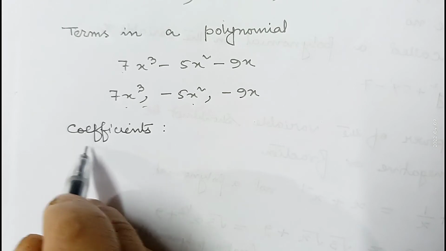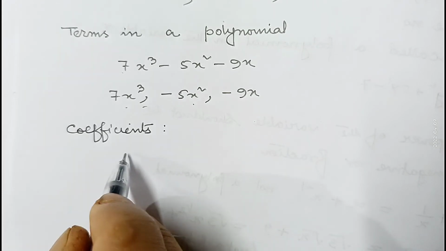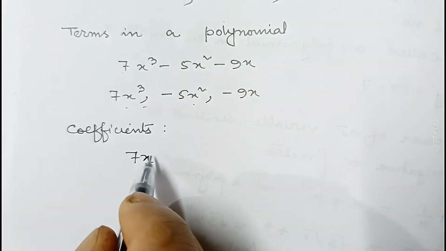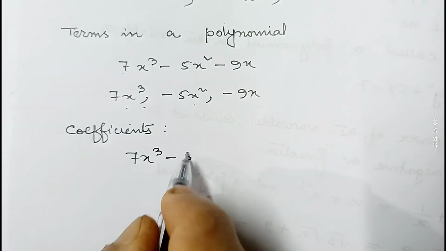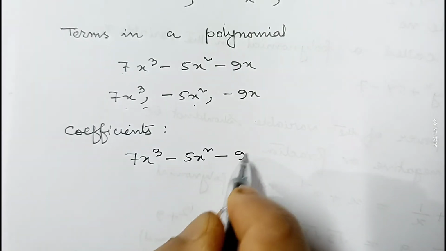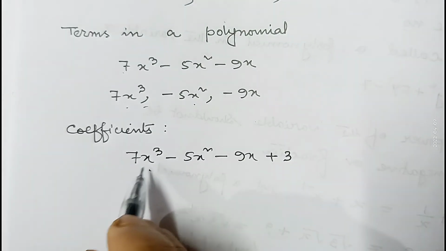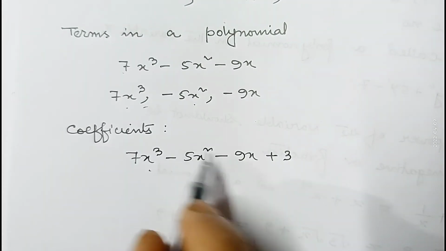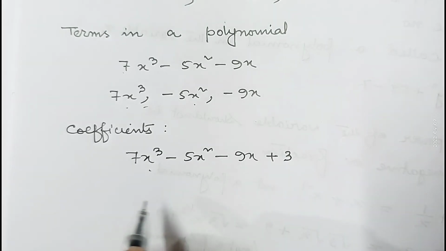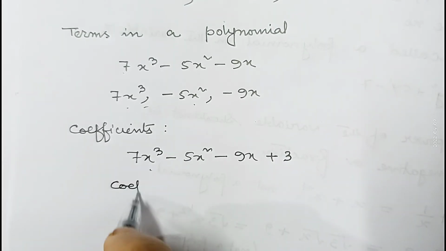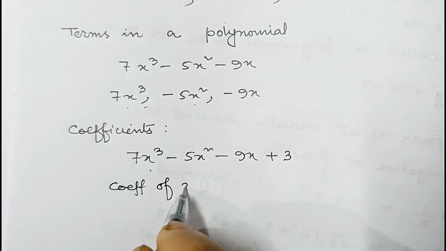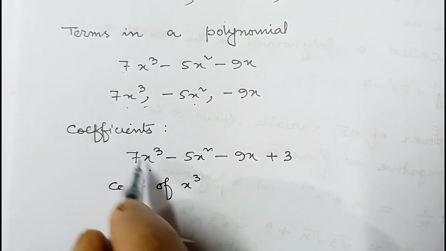Next term is, what are coefficients? Coefficients means, if I write this expression again, 7x cubed minus 5x squared minus 9x plus 3, suppose. In this polynomial, there are 4 terms. First term, second term, this is the third term, and this is the fourth term. So what is the coefficient of x cubed? Here the coefficient of x cubed will be this 7.